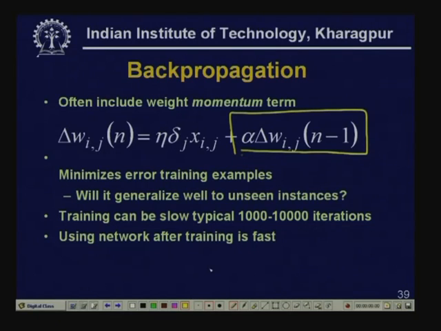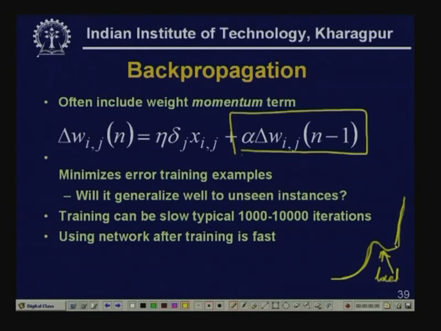Sometimes, because there is a local minimum, as a result of back propagation, the system may have a tendency to get stuck in the local minimum. So, this is a local minimum, and there is scope of going further down in the error surface.